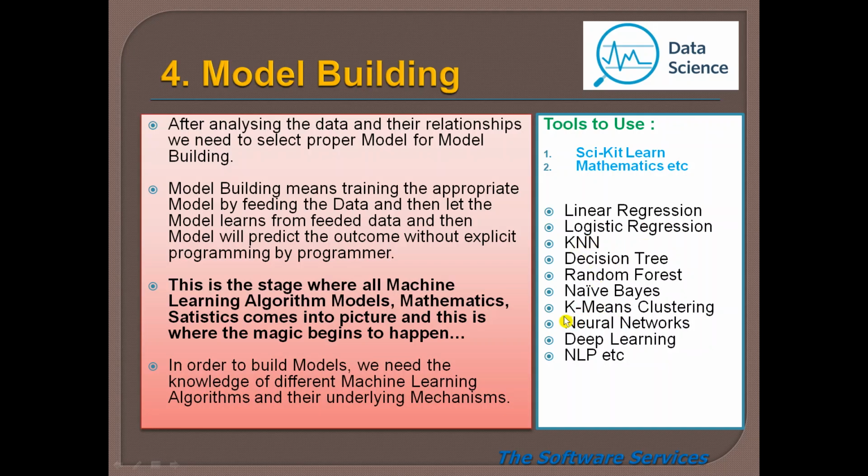And unsupervised learning is also there. Machine learning splits into 3 types: number one is supervised learning, number two is unsupervised learning, and the third mode of learning is reinforcement learning. All these algorithms up to naive Bayes come under supervised learning, and K means is unsupervised learning. There is no training session.